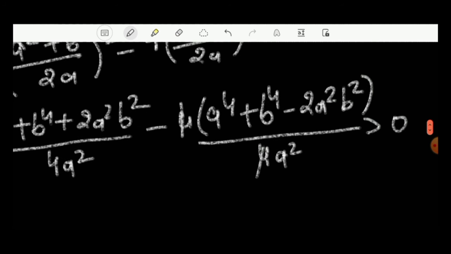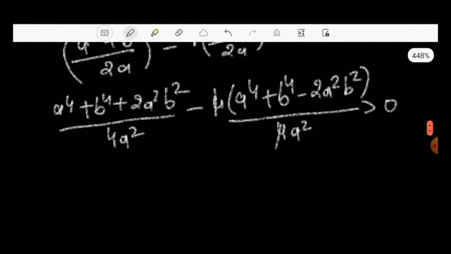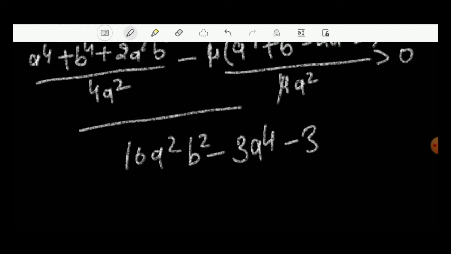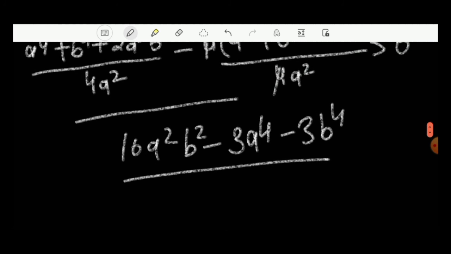We can simply cancel this 4, and after solving this expression, we can say that 10 a square b square minus 3a to the power 4 minus 3b to the power 4 divided by 4a to the power 4 is greater than 0.